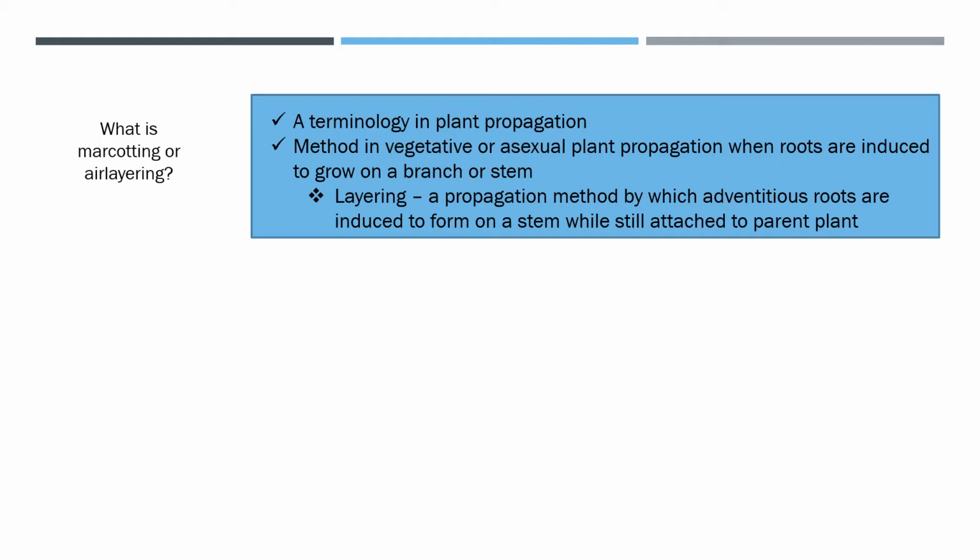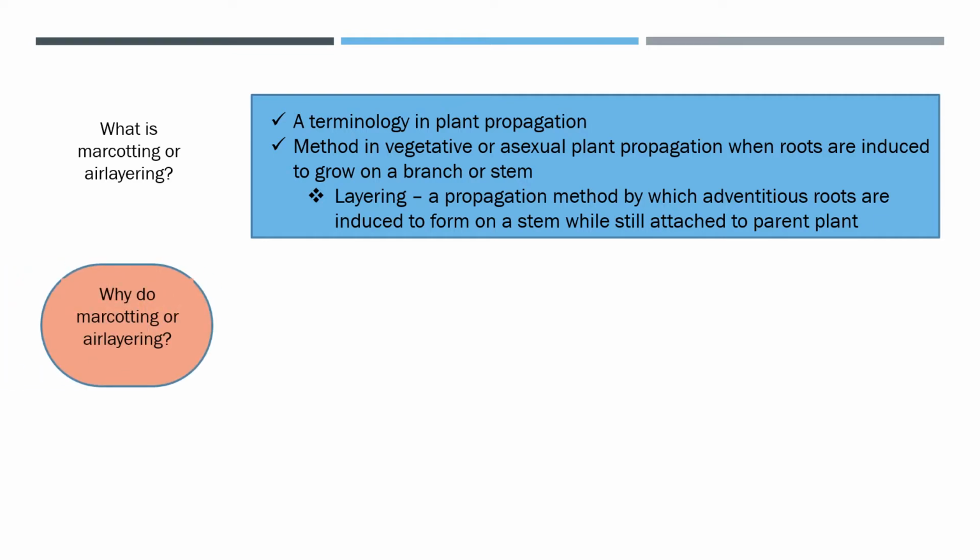So air layering is one method in layering. There are other methods in layering, like root layering, serpentine layering, and leaf layering. There are several other layering methods. One, of course, is marcotting or air layering.